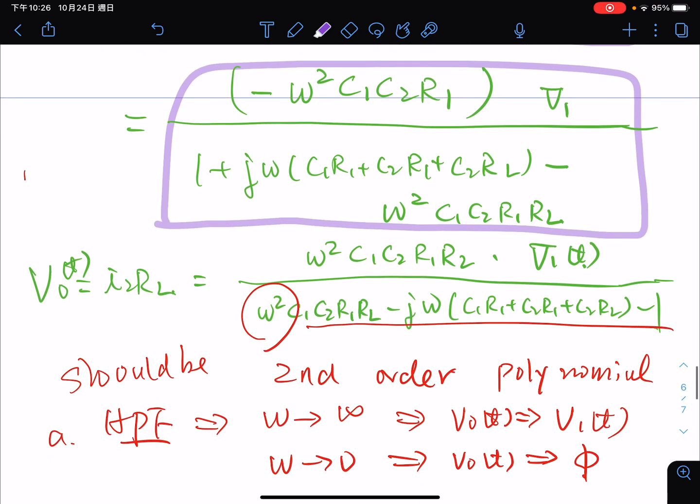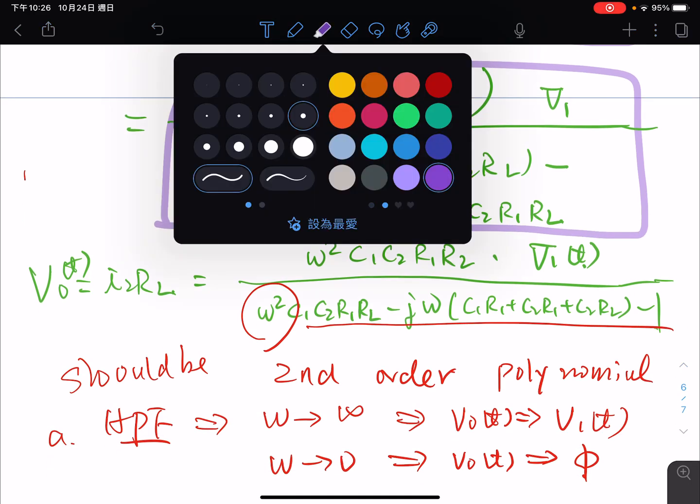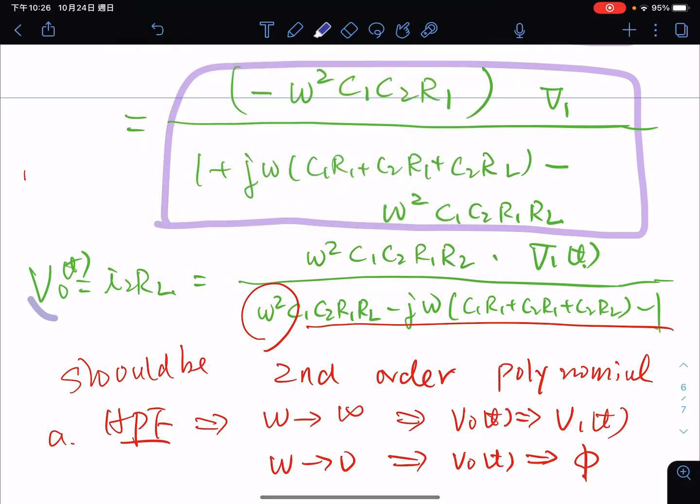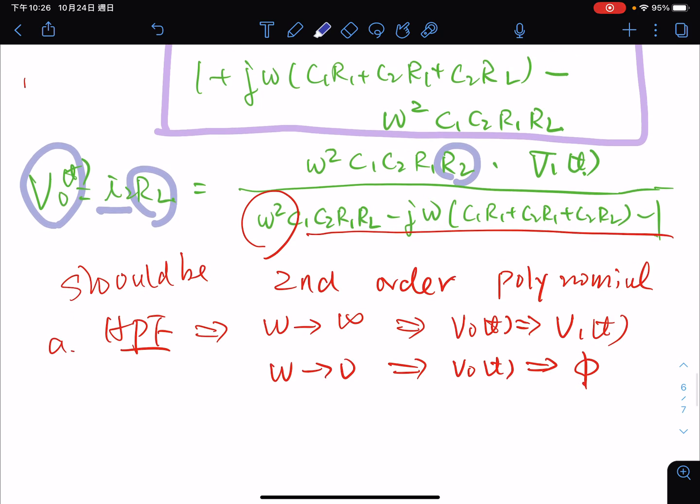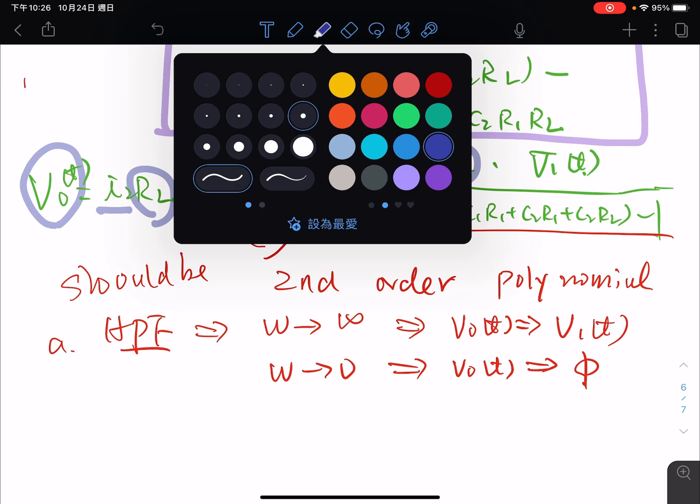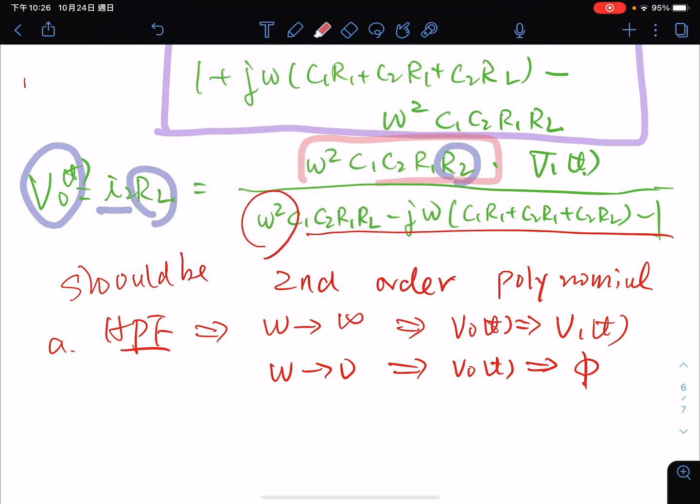And finally, I find I2 will be this one, quite a lot. And the V out will be I2 multiplied by RL, right? So we have the RL here. And finally, the total equation becomes, for the numerator, a very simple term, something like this, with omega squared multiplied by C1, C2, R1, and RL.